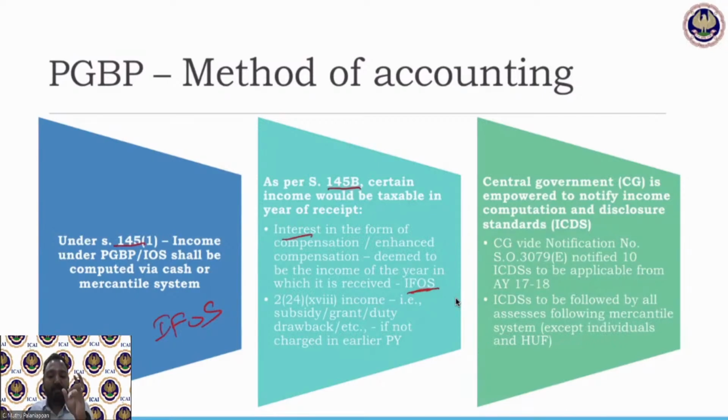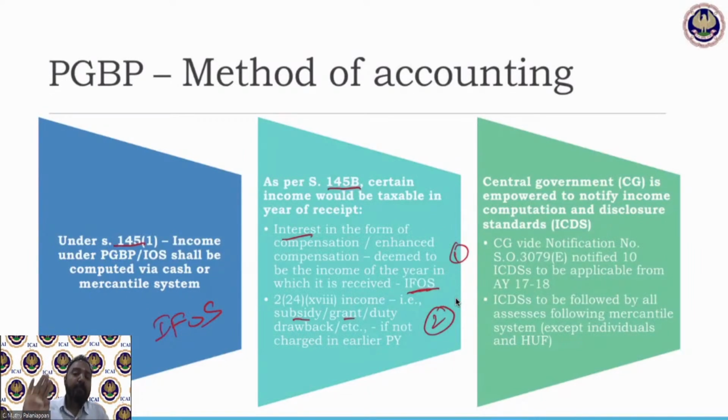There are a couple of exceptions where, irrespective of the method you follow, it will be taxable in the year of receipt. So even if you follow mercantile system of accounting, these transactions will only be taxable in the year of receipt. One such example for business or profession is subsidy grant. When there is any subsidy from government or any organization, it is taxable only in the year of receipt. Otherwise, it is not taxable.